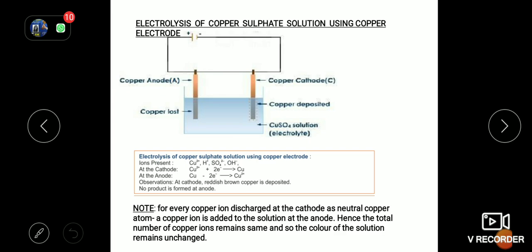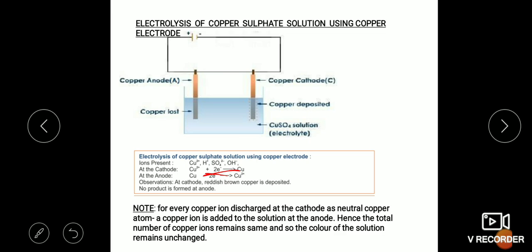Now the reaction at cathode. If you can see in the presentation I have given you, at cathode, Cu2+ ion gains 2 electrons and becomes copper metal, which gets deposited at cathode. Where do these 2 electrons come from? Copper at anode. As we are doing electrolysis, the electrolytic solution, that is copper sulfate, will get ionized. But the number of ions moving towards cathode will be equal to the number of ions moving out from anode.